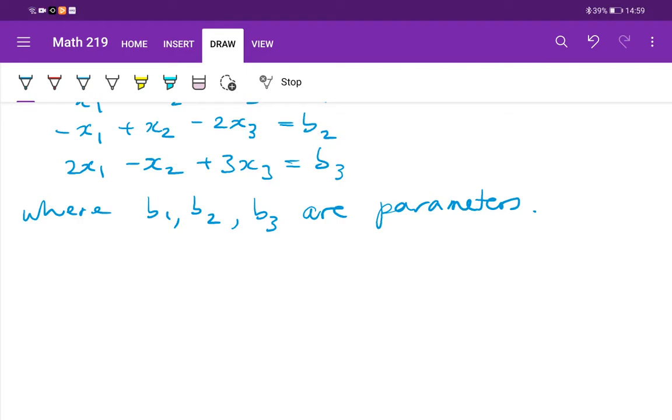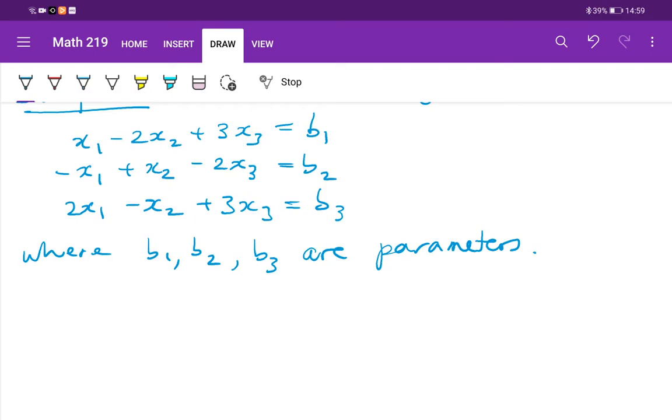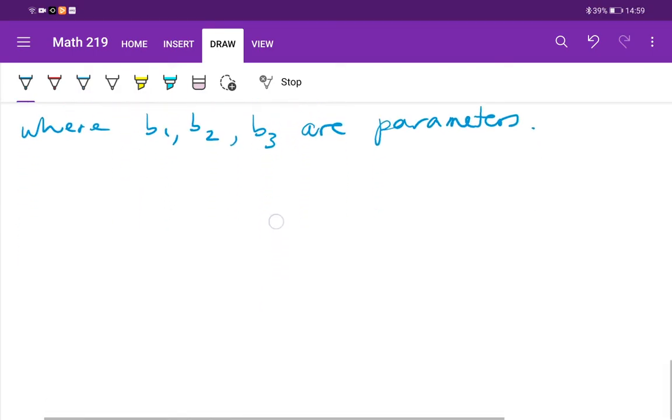Let's carry out Gaussian elimination on this to solve this system. So first we write down the augmented matrix.